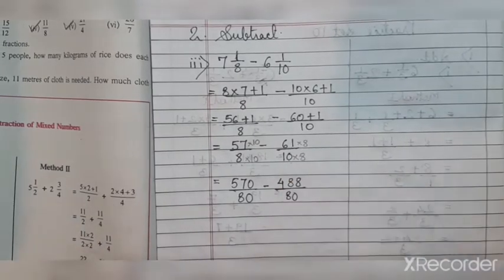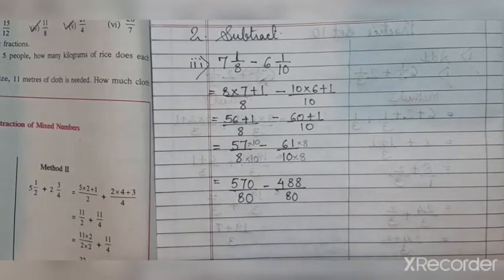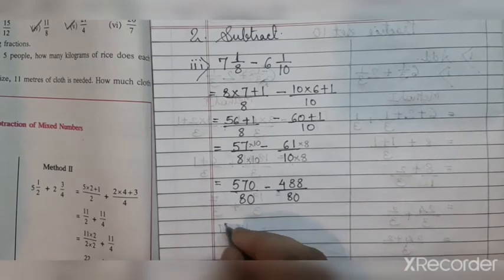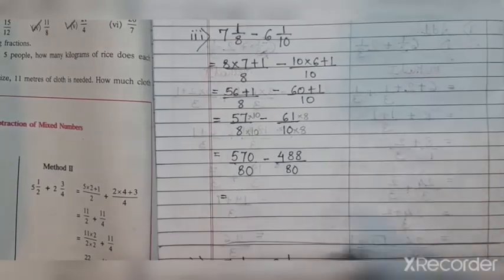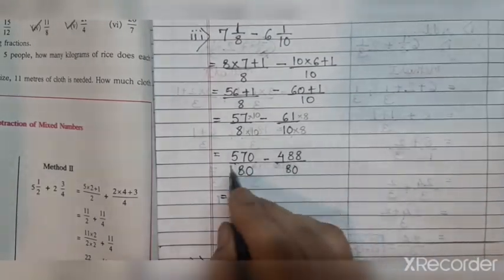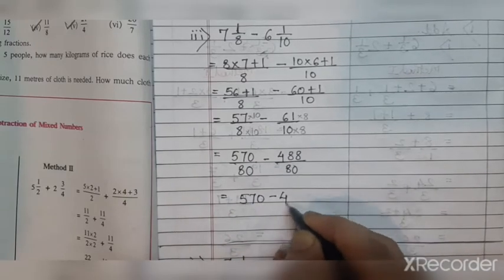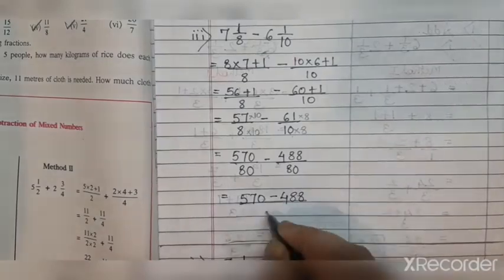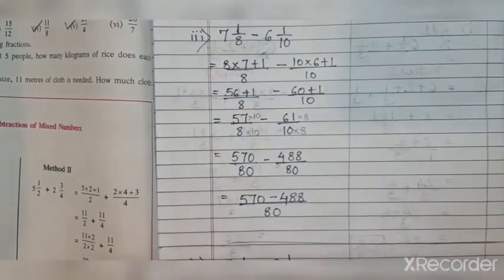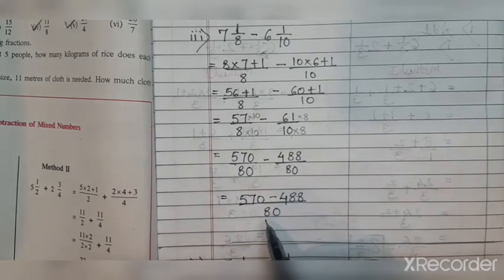You can do this multiplication in the rough. 61 eights are 488. Okay. Now, the denominators are same. So, we can subtract the numerators. So, I can write 570 minus 488 upon 80. The denominators are same, which you will write only once.